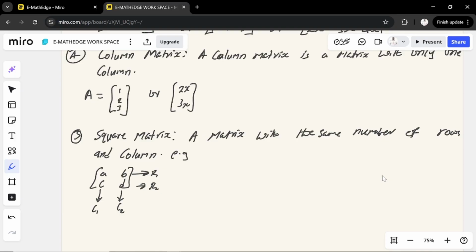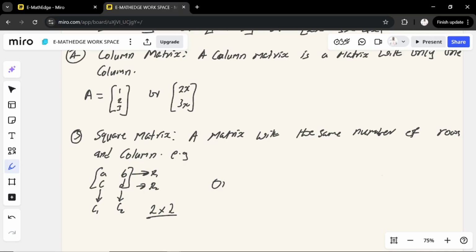So this makes the order of this matrix a 2 by 2 matrix, right? So in this case, since it has two rows and two columns, it is identified as a square matrix.